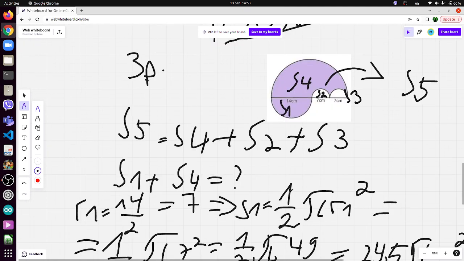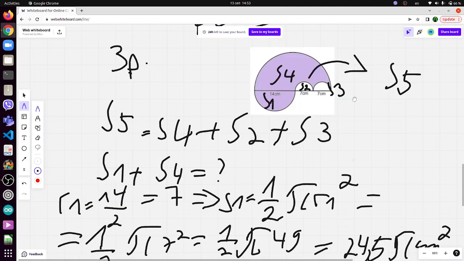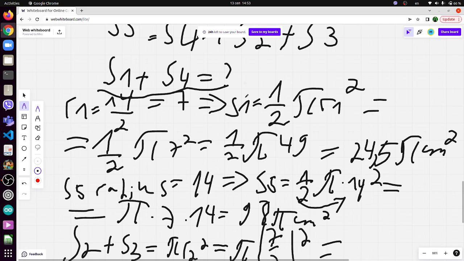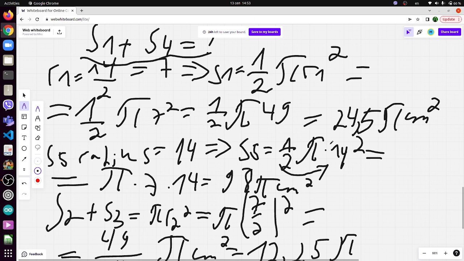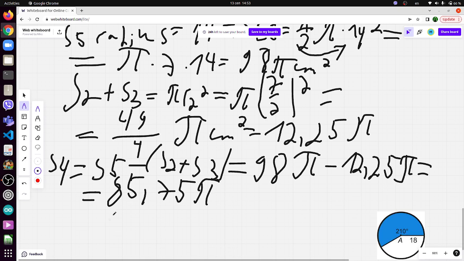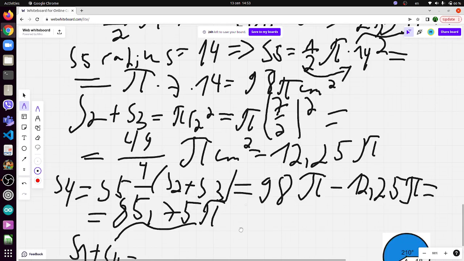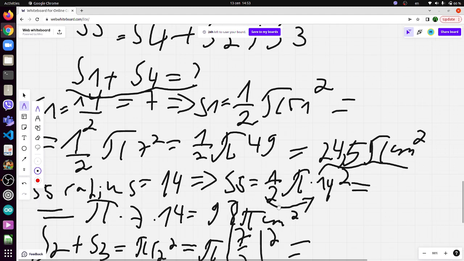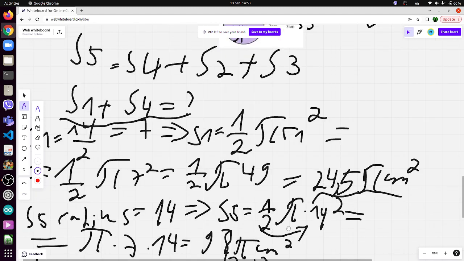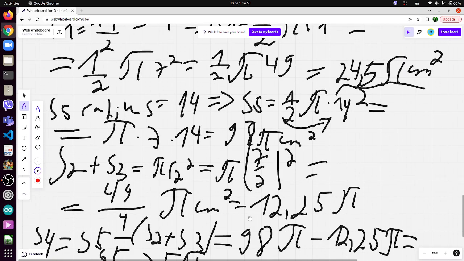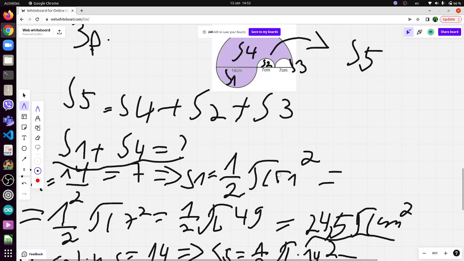Okay, I didn't expect there would be so many calculations. We need to find S1 plus S4. S1 is that, and S4 is that. So S1 plus S4 is, moment, let's check it again.